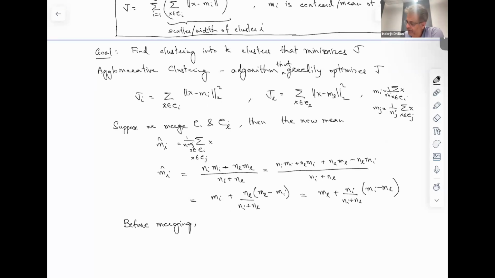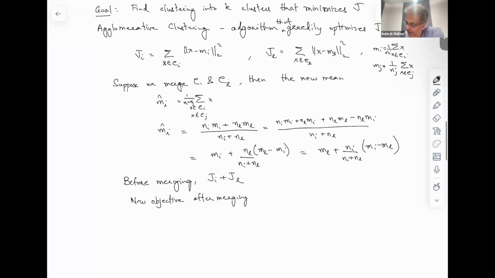Before merging, my objective is Ji plus Jl for cluster I and cluster L. The new objective after merging, so suppose we merge Ci and Cl, is going to be the following.